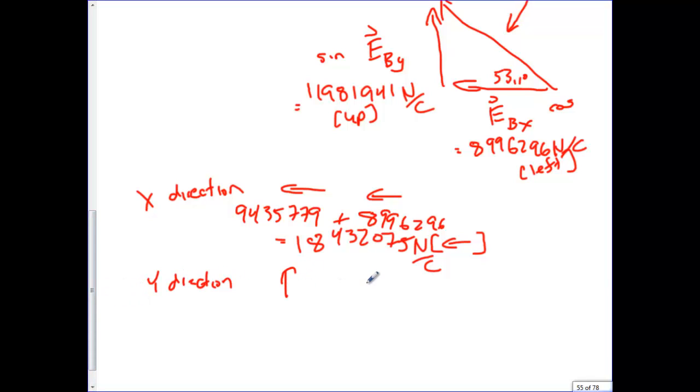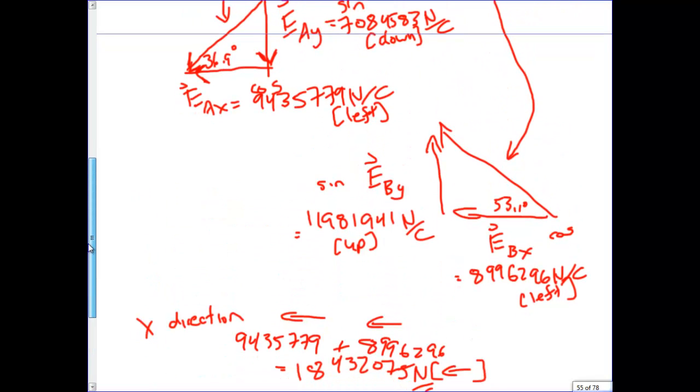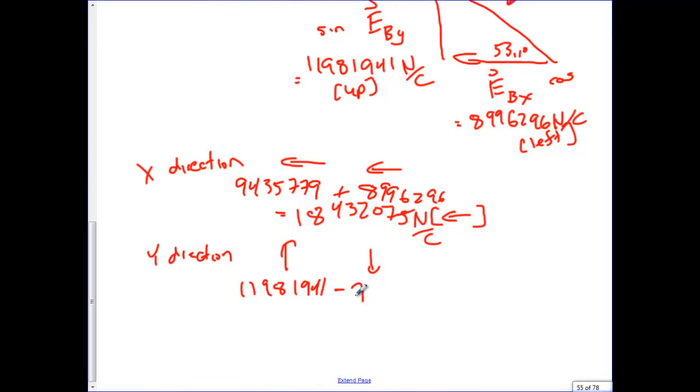In the Y direction, one was going up and one was going down. So the up one was going 1198191. And the one that was going down was going 7084583.